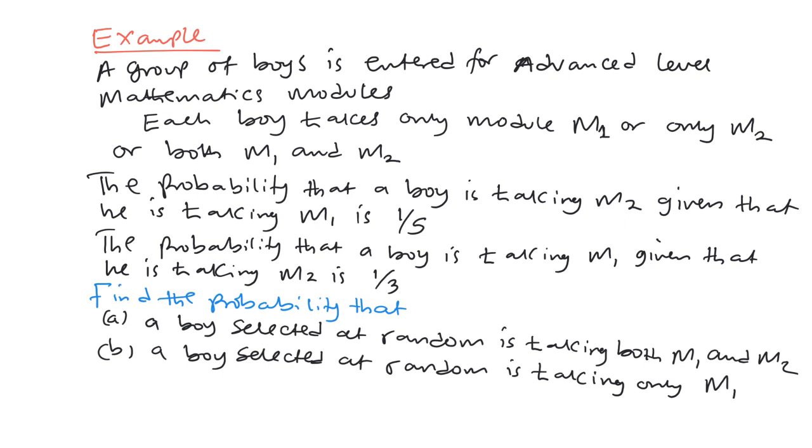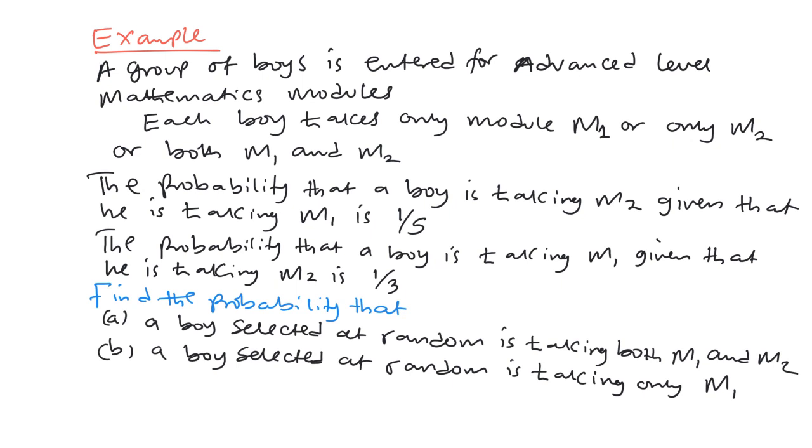All right, let's look at this example. A group of boys is entered for advanced level mathematics modules. Each boy takes only module M1 or M2 or both M1 and M2. The probability that a boy is taking M2 given that he's taking M1 is 1 over 5.